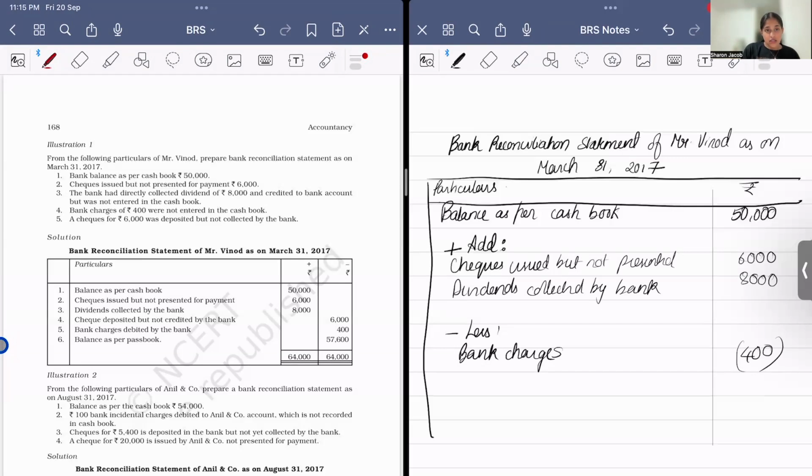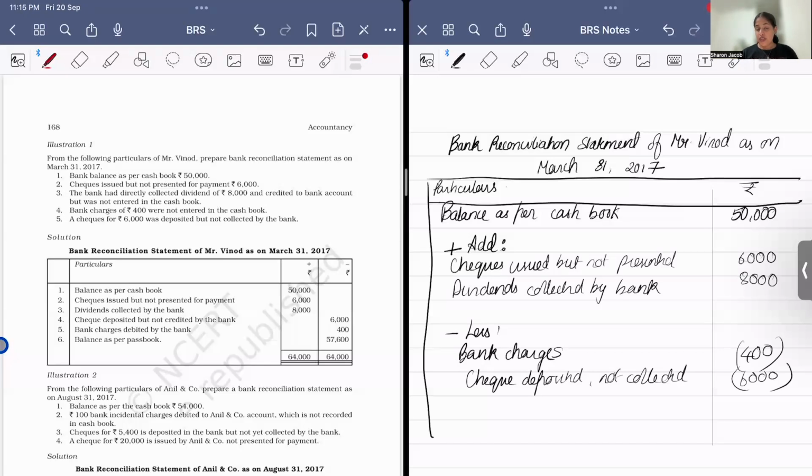It was check deposited, not collected, which is 6,000. So 6,400 we should deduct and 14,000 we should add.